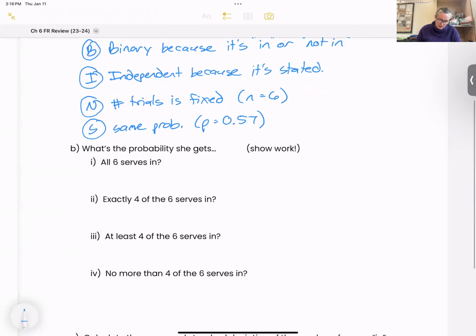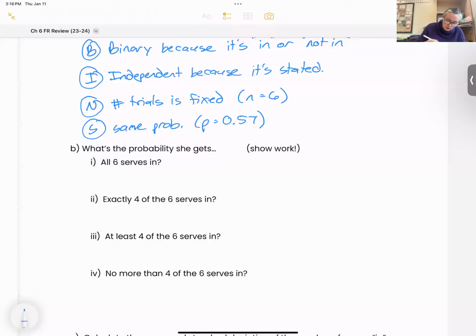Now on to B. What's the probability she gets all these different things? Okay, so these are all binom PDF and binom CDF situations. So show work. We don't want to write down calculator speak. That will not get points. But writing down the equations as if you did it by hand and then go use the calculator to get the answer.